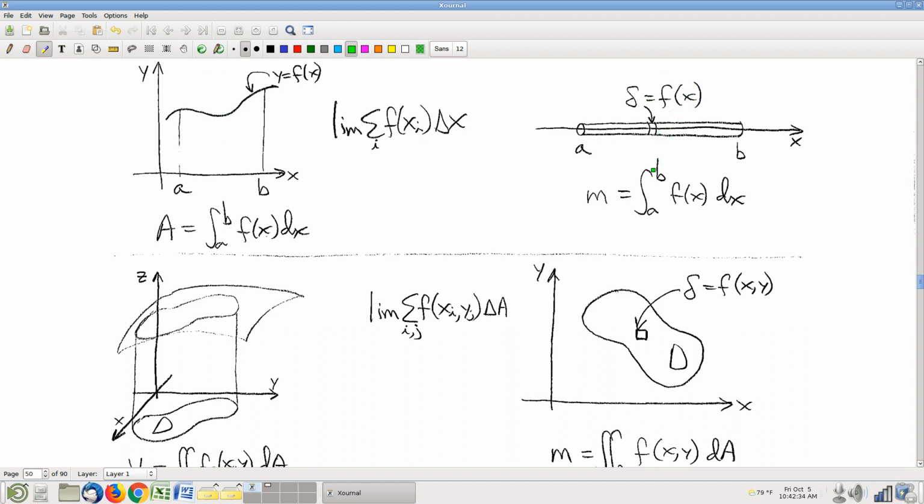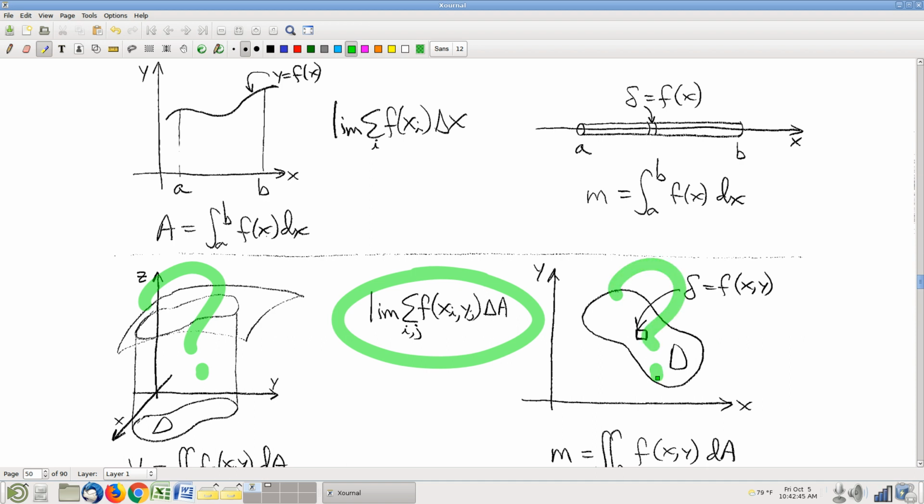Likewise here, what's the best way to think about a double integral? Should you think of it as volume under a graph surface, or should you think of it as the amount of stuff given stuff per unit area? What's the total amount of stuff?